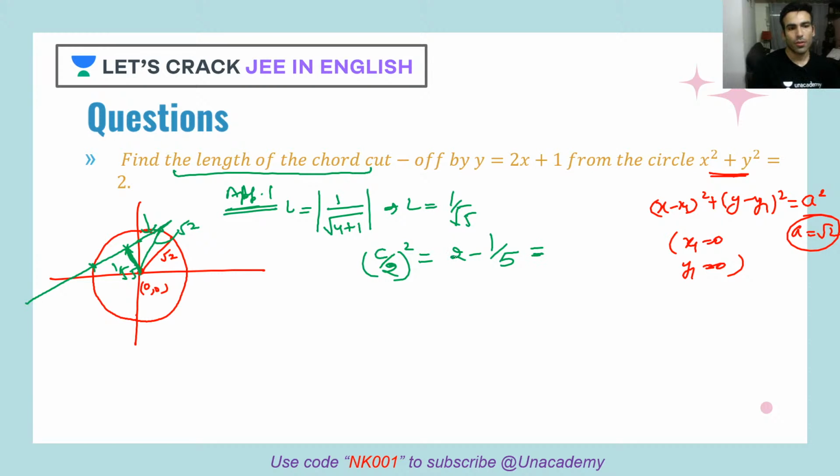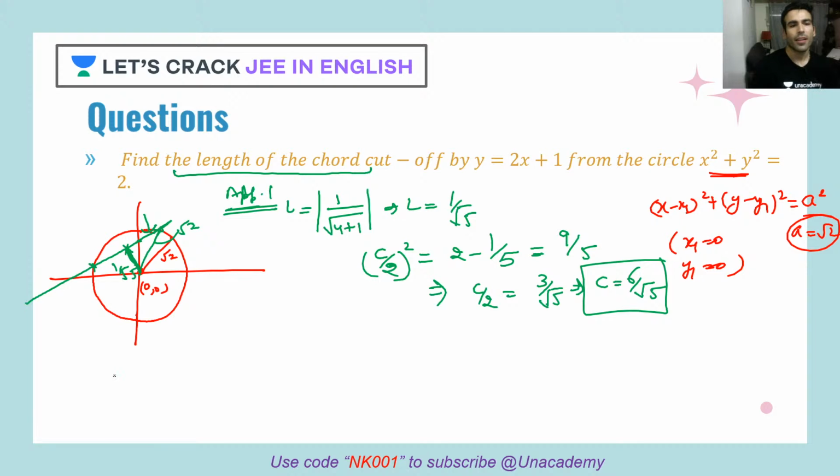So 2 minus 1 by 5, what do I get? 10 minus 1, so 9 by 5. Now I can take the square root, so c by 2 is equal to 3 by root 5, and c will be 6 by root 5. This is one way to solve this question where I have used geometry a bit.